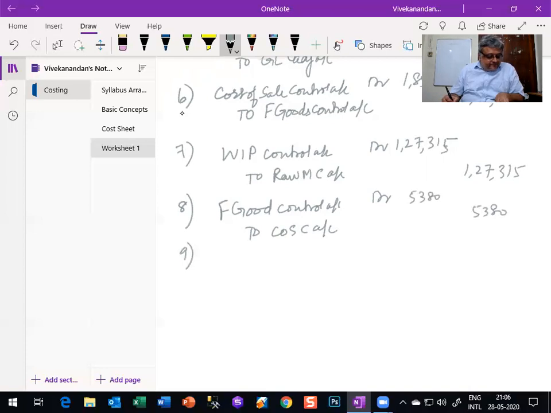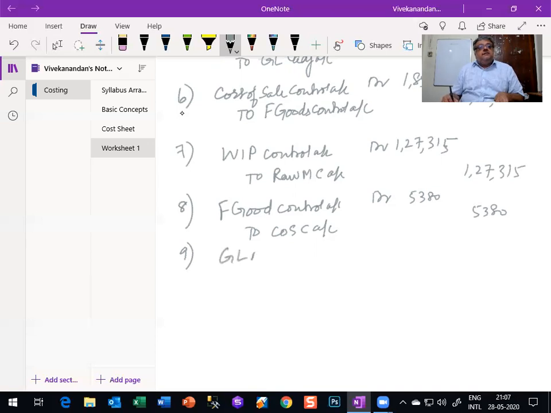Number 9: materials returned to suppliers. In the previous lecture you have seen the materials return entry. What is the materials return entry?